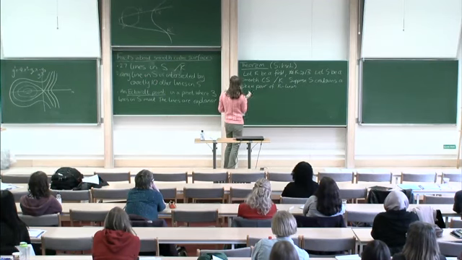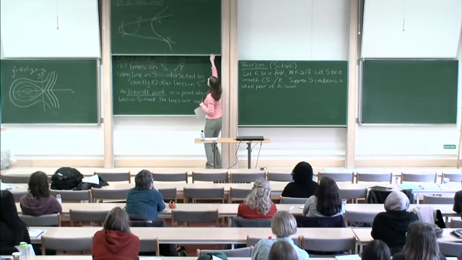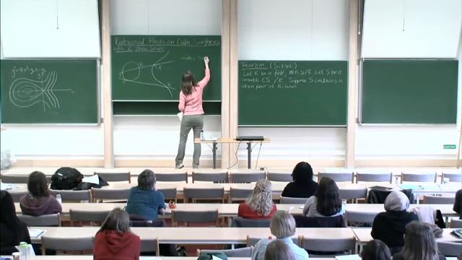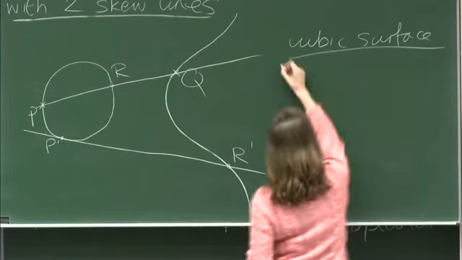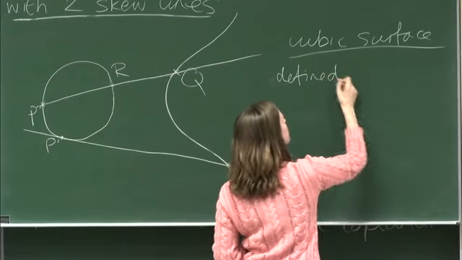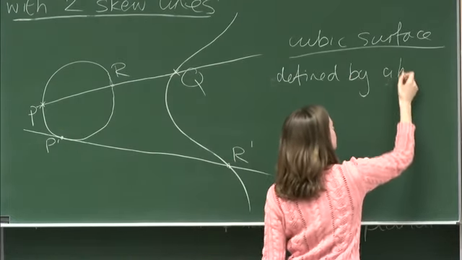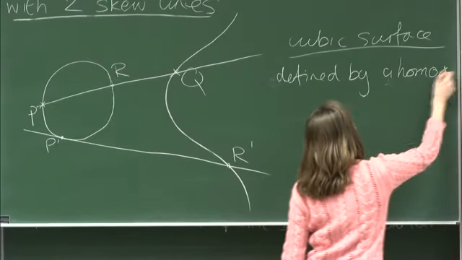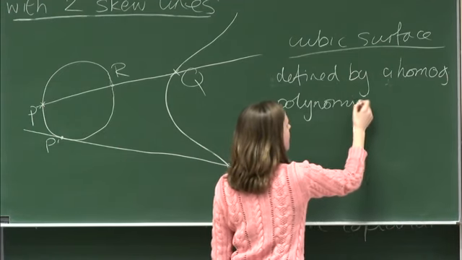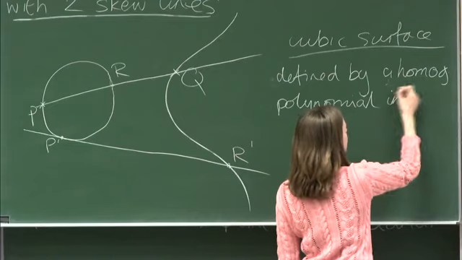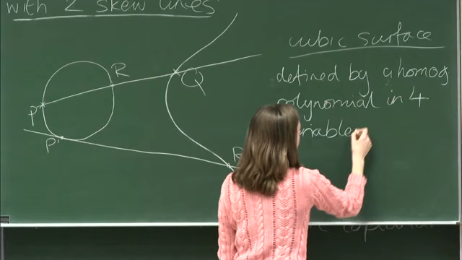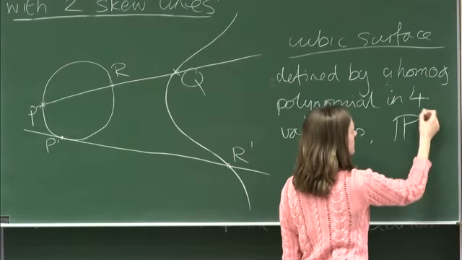I should probably define what a cubic surface is. A cubic surface is defined by a homogeneous polynomial in 4 variables, and it lives in 3-dimensional projective space.